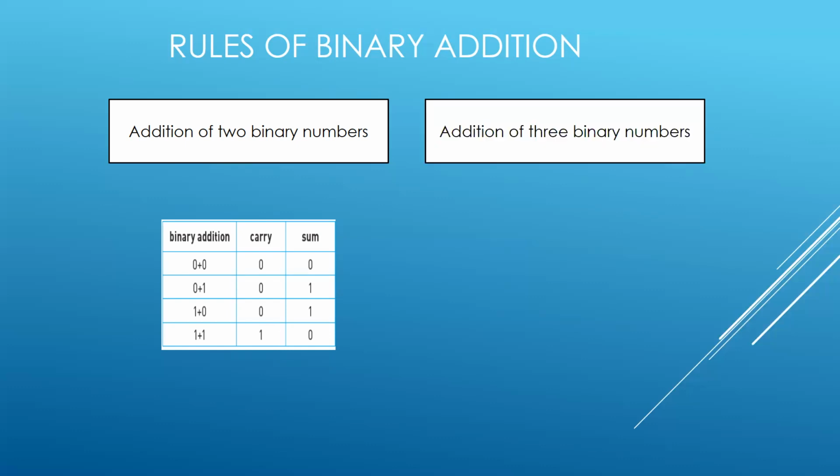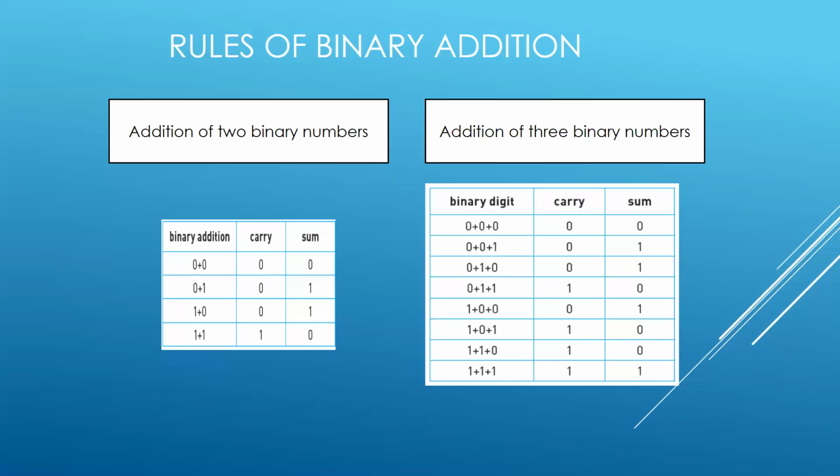Now, once we are done with the addition of two binary numbers, let's see what happens if there are three binary numbers. Again, you can see I have three binary numbers. In the first example, all three numbers are zeros. 0 plus 0 plus 0. So definitely, in this case, carry will be 0 and sum will also be 0. Second situation, two digits are zeros, and the third one is a 1.